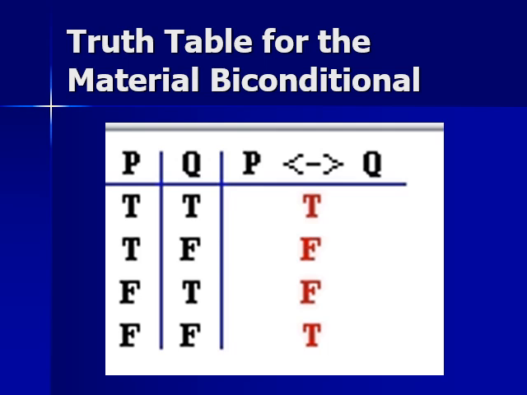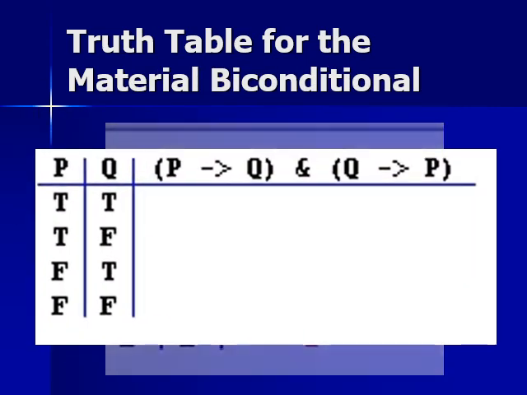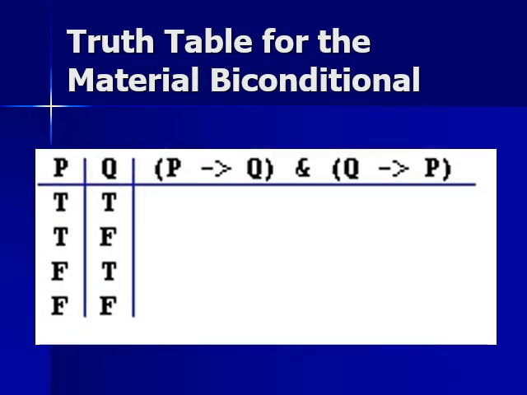The basic reason for that is that the biconditional, as the name might suggest, is really a combination of two conditionals: if P then Q, and if Q then P.